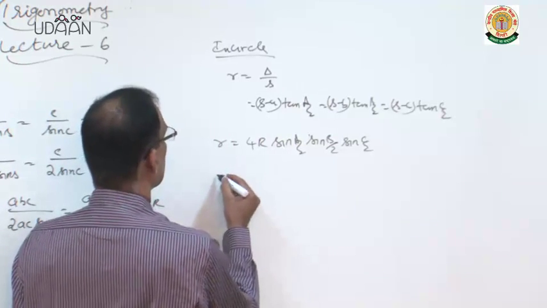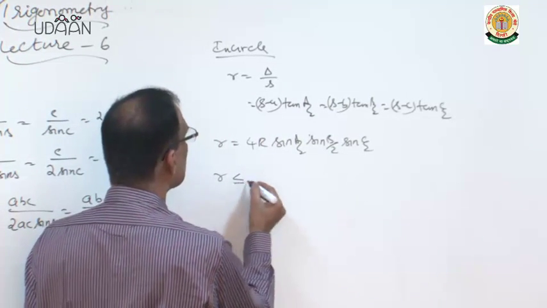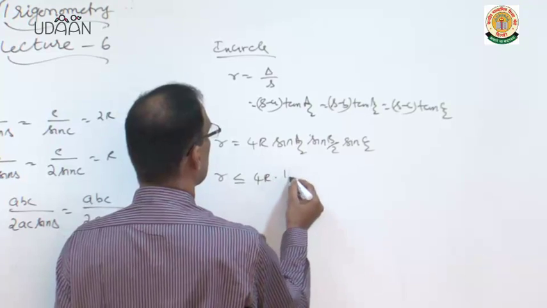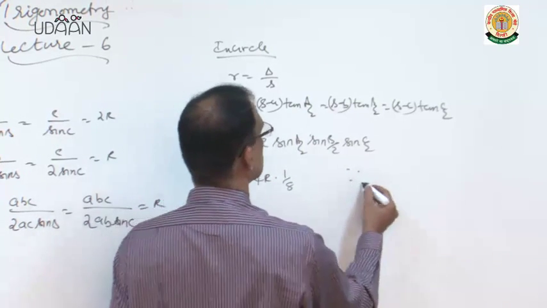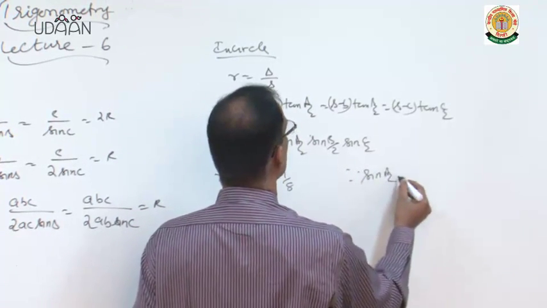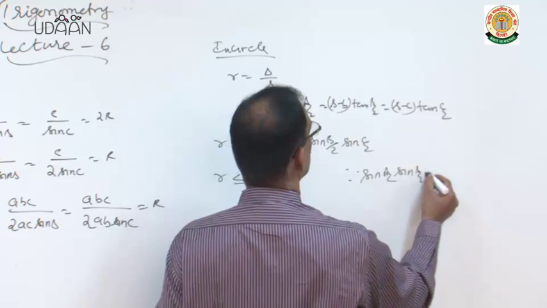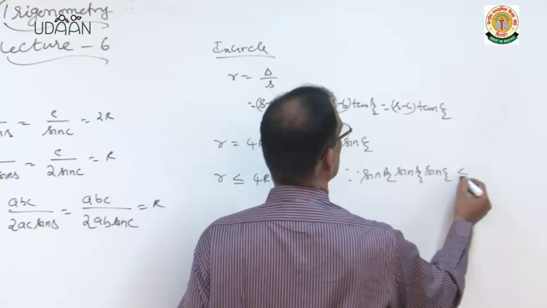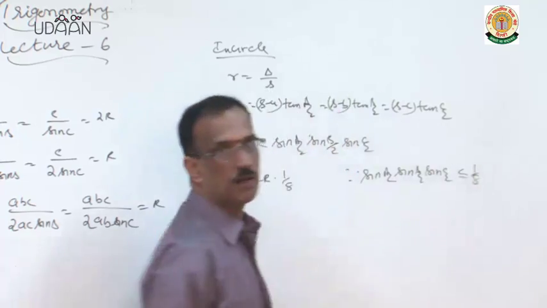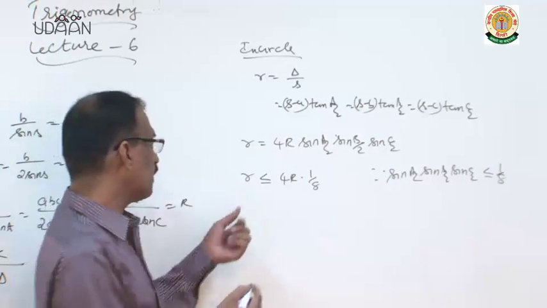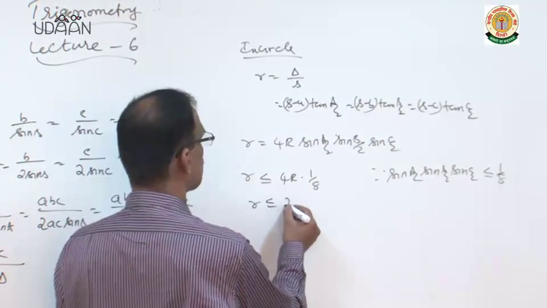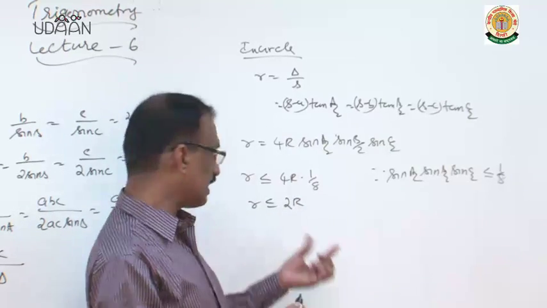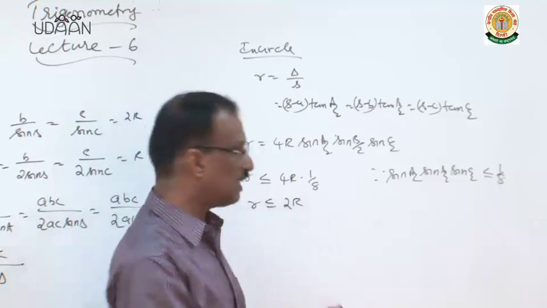Then this r value is less than or equal to 4R into 1 by 8, since sin A by 2 into sin B by 2 into sin C by 2 is less than or equal to 1 by 8. From this we get r is less than or equal to R by 2. That is the relation between the incircle and the circumcircle.